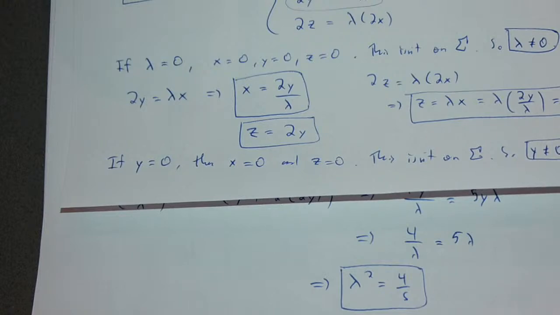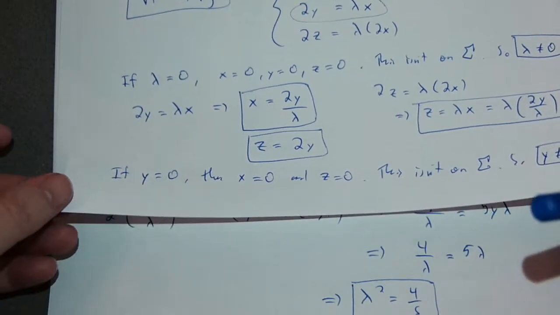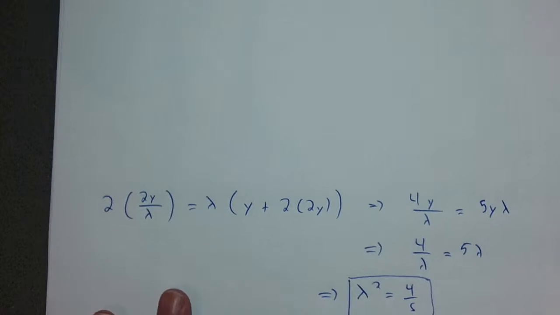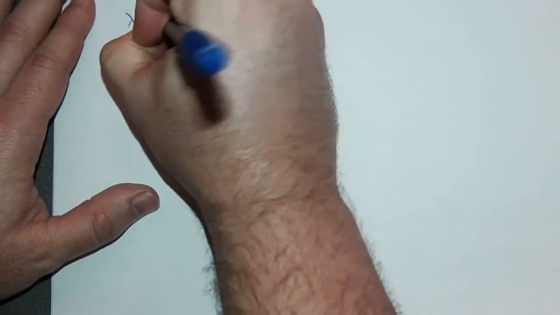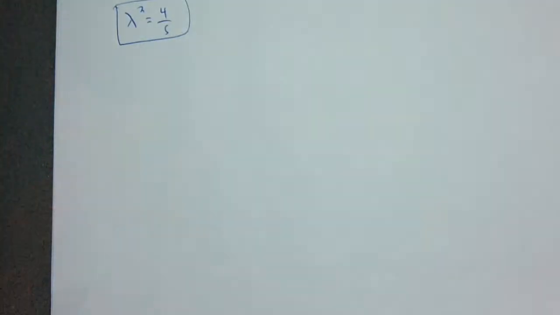Well, this is going to give me 2 possible values for lambda, but potentially I can actually rule out one of those just by being smart about thinking what sign this would have to have. Well, how can I do that? I have a constraint that I've yet to use. So what is my constraint? Let me rewrite this here in a second. Okay, so I have found that lambda squared is equal to 4/5, after much hassle.